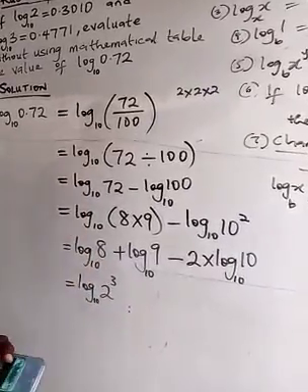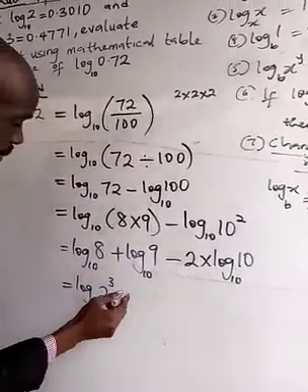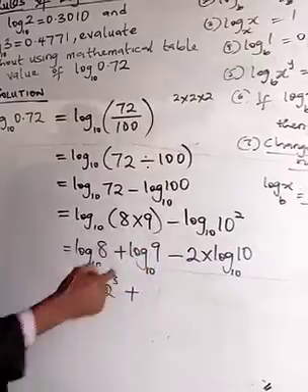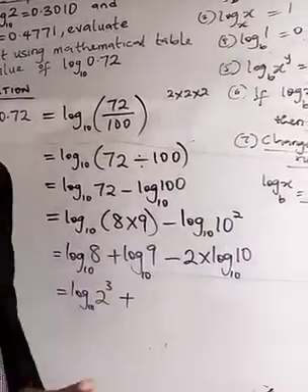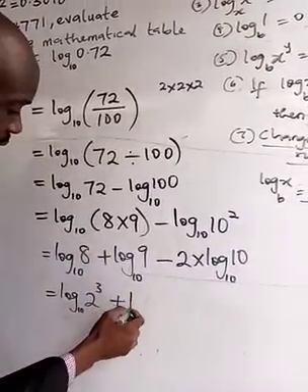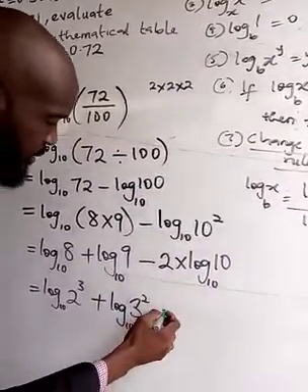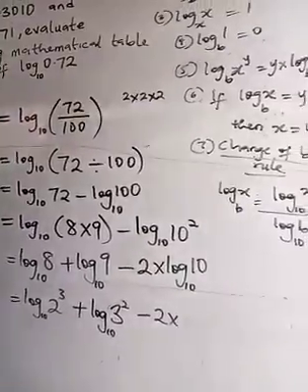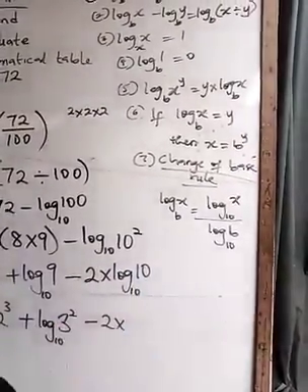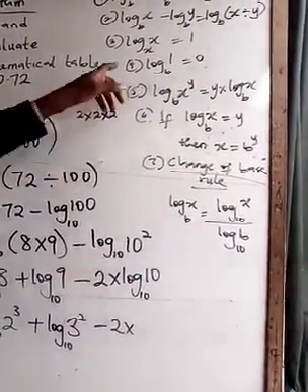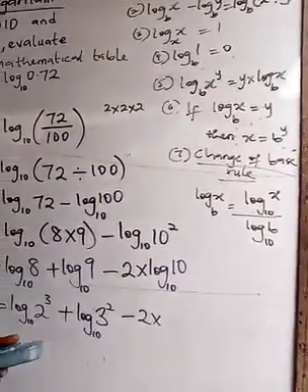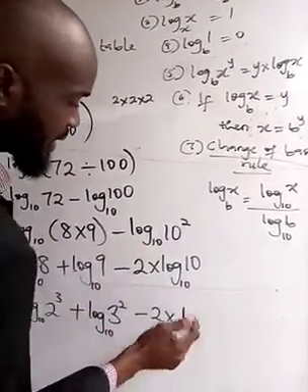You express this in terms of 2, that's log of 2 raised to power 3, plus we can express this in terms of 3. 3 times 3 will give us 9. So this 9 is log of 3 raised to power 2, minus 2 times log 10 base 10. When the number and the base are the same, according to rule 3, it is equal to 1. So log 10 base 10 is 1.